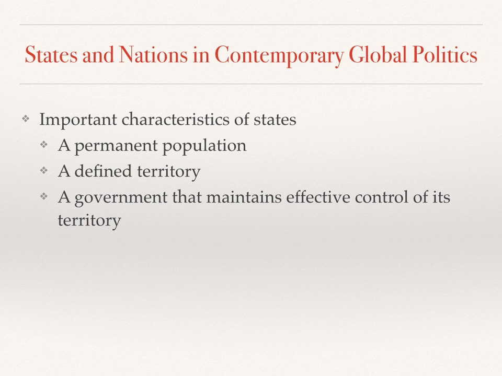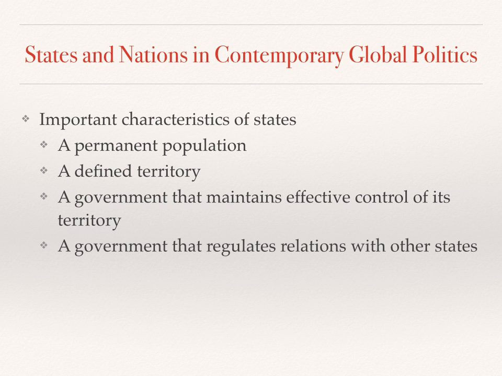We're looking at a government that maintains effective control of its territory. So again, we have a permanent population that are encompassed by a clear boundary, and we have a functioning government that maintains effective control over that territory. We also have a government that regulates relations with other states.